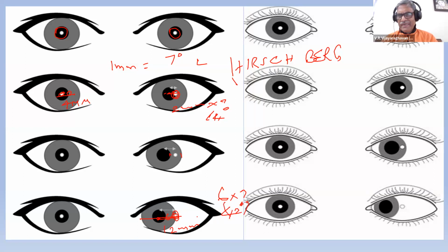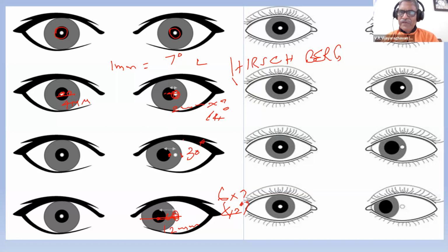That's why you approximately tell there is a 45 degree squint. So when the corneal reflex falls at the pupillary margin, approximately 15 degrees of squint. When the reflex falls at the limbus, we take it as 45 degrees. If it is in between the pupillary margin and the limbus, we take it as approximately 30 degrees.